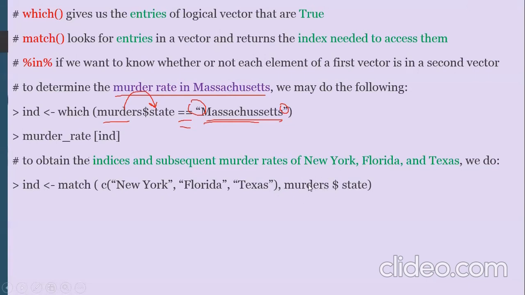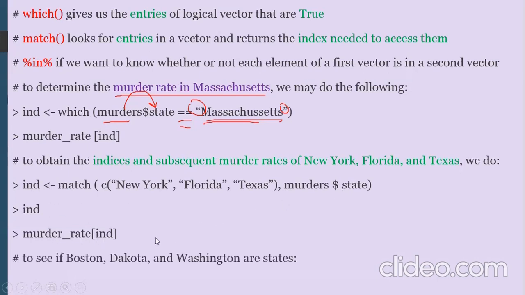If we write index now, it will give us the index of all these in the state. And after that, we can know the murder rate in all these regions.